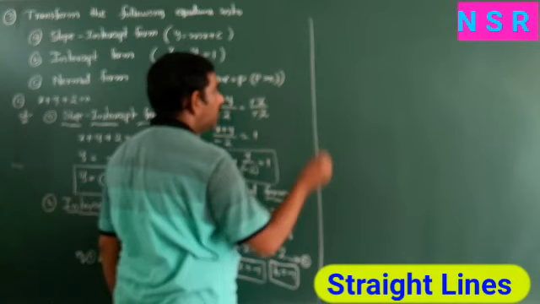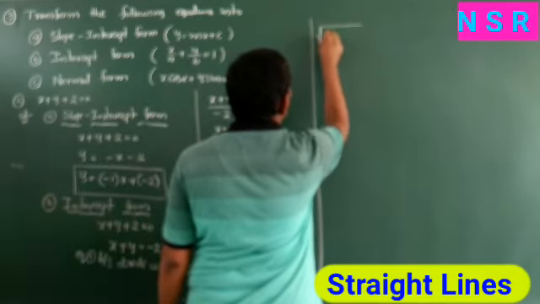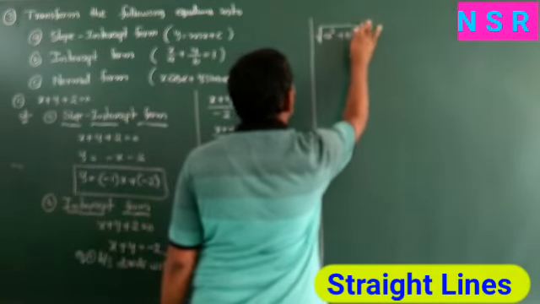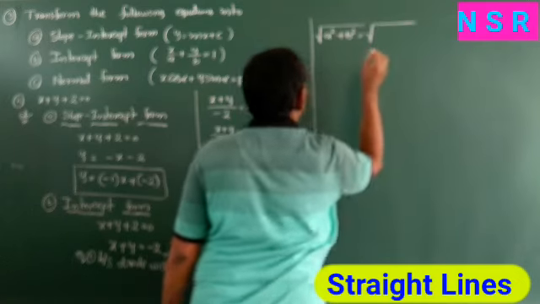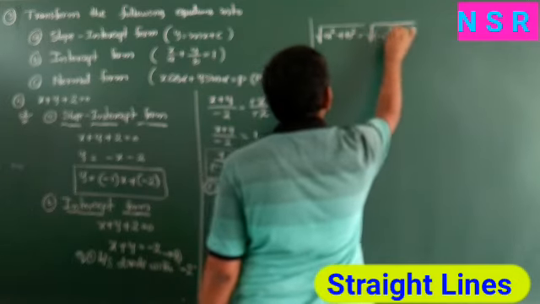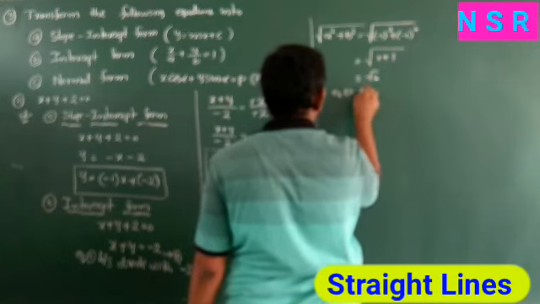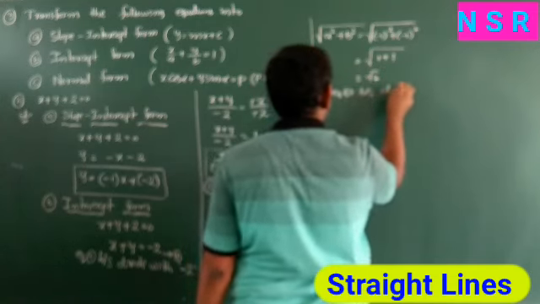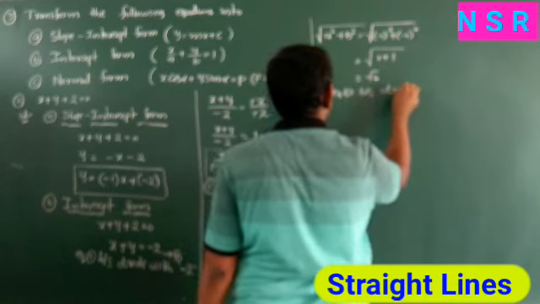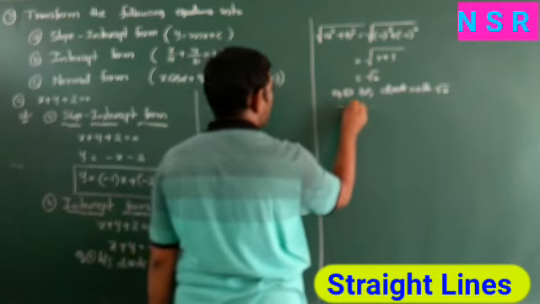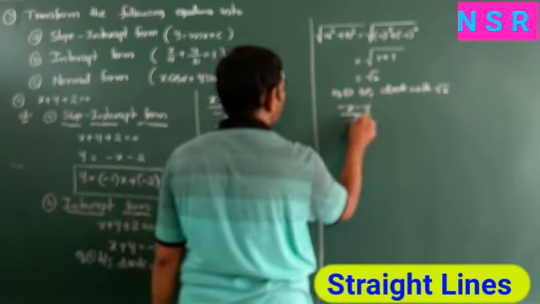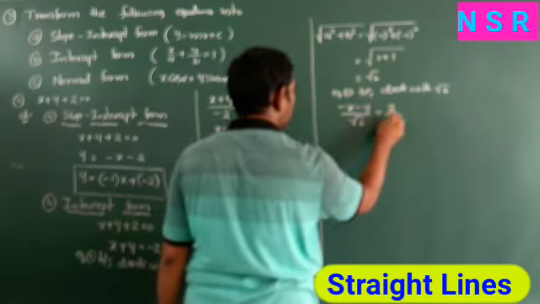Now find the square root of a square plus b square, which is equal to the square root of minus 1 square plus minus 1 square. Minus 1 square is 1, and minus 1 square is 1, so it is equal to root 2. Now equation 2, both sides divide with root 2. So minus x minus y by root 2 is equal to 2 by root 2.